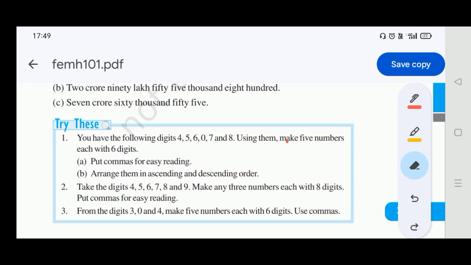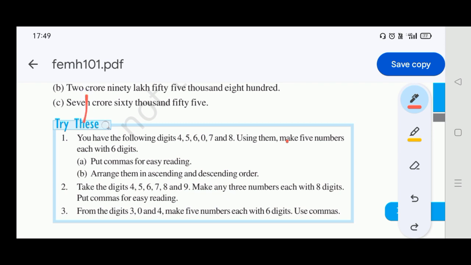Moving on to the second question. Take the digits 4, 5, 6, 7, 8, 9. Make any three numbers each with 8 digits. Put commas for easy reading. Okay, let us try this also.